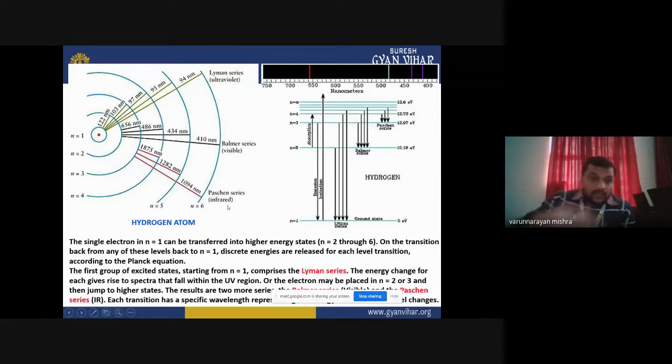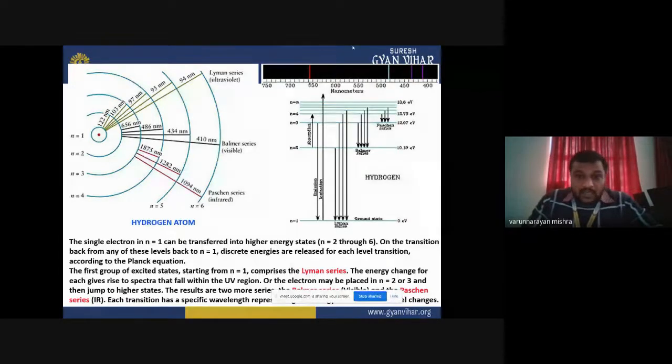So the hydrogen atom releases a certain amount of radiation in different wavelength intervals. It will be released in the infrared, that is the Paschen series. Then the visible portion is also released by the hydrogen atom, that is the Balmer series, and it also emits a certain amount of ultraviolet radiation, the Lyman series.